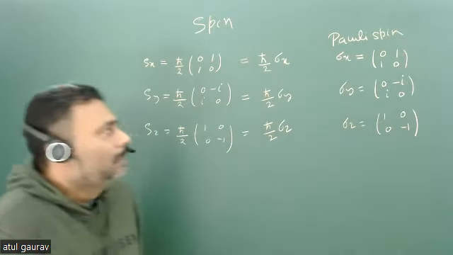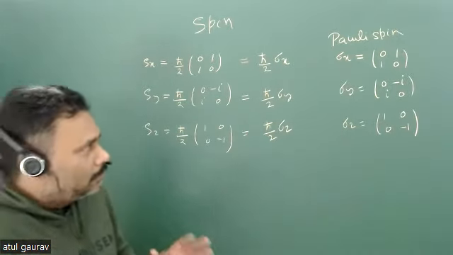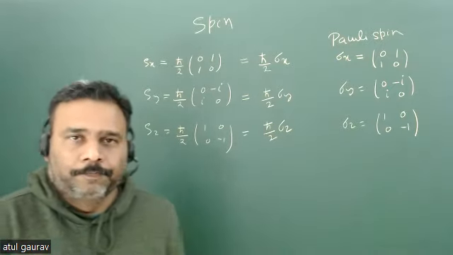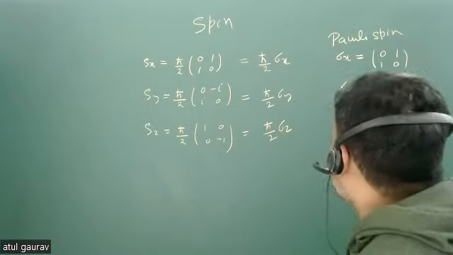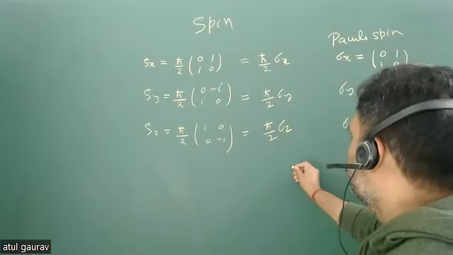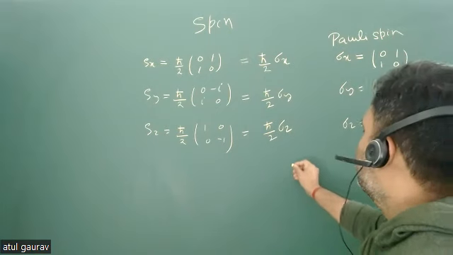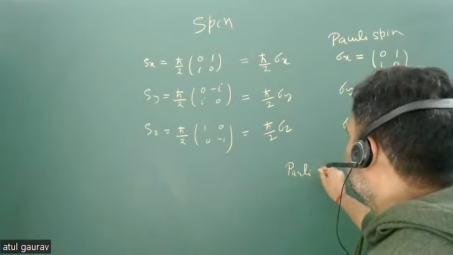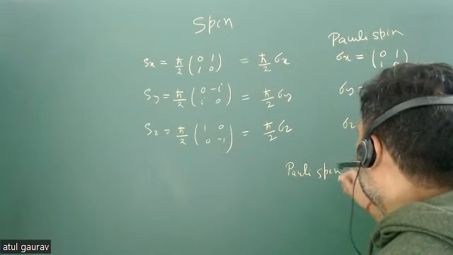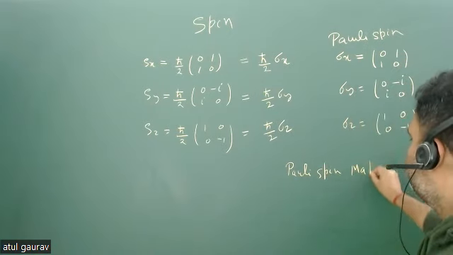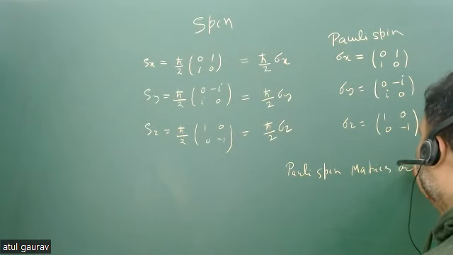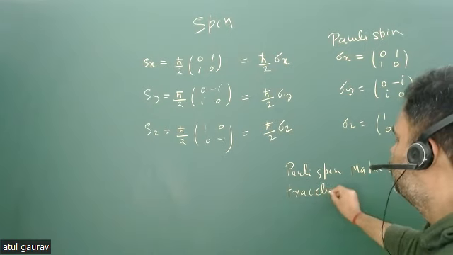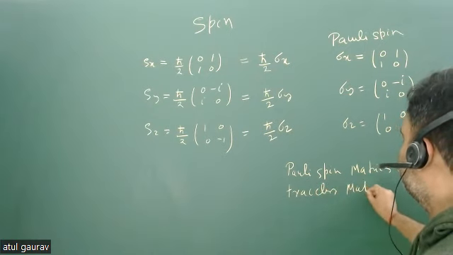Now, these 2 cross 2 matrices are very important, and they have some properties. Let me write all these properties. First, the Pauli spin matrices are traceless matrices.